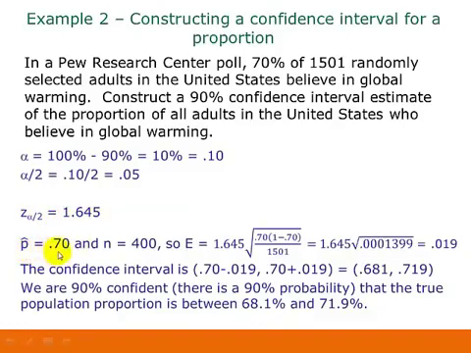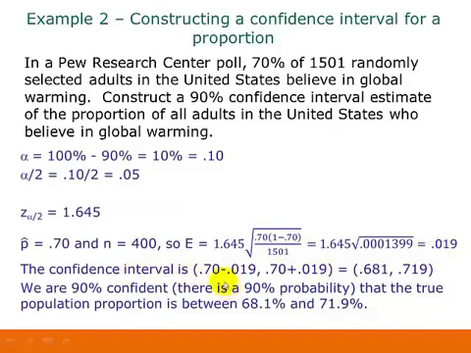In this problem, we were given the sample proportion as a percentage, 70%, so we'll change that to decimal form as 0.70, and our n is 1,501. So our margin of error is 1.645 times the square root of 0.70 times 1 minus 0.70 divided by 1,501. And that turns out to be 0.019.